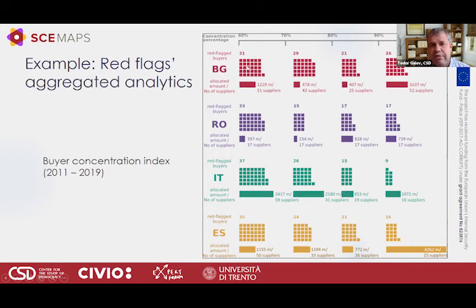Red flagged buyers means that these buyers have concentrated more than 60, 70, 80, 90% of the money they allocate through public tenders to very few companies. In this case, at the top right corner, you have 26 buyers in Bulgaria that concentrated more than 90% of their money to 52 suppliers.